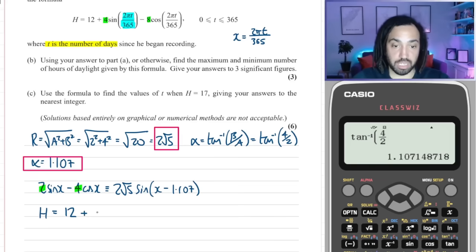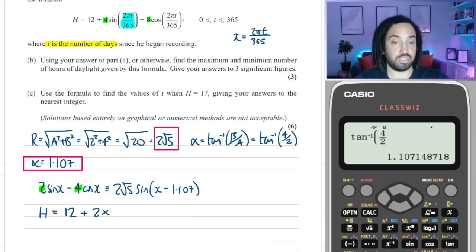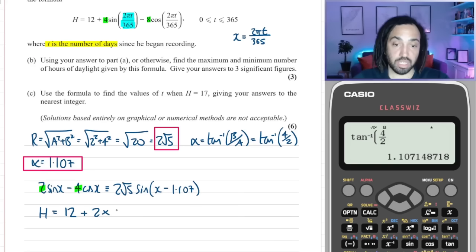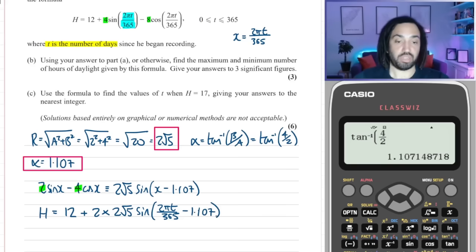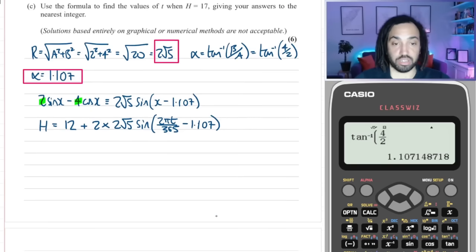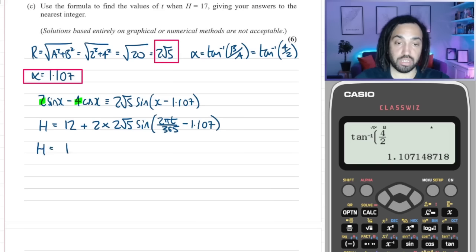So this is going to be plus 2 times the harmonic form which we worked out, which was 2 root 5 sine of x, but x is swapped out for 2 pi t over 365 minus 1.107. Okay, great. So that is our new formula for h. And we're going to say this is 4 root 5, because I just times the 2 by the 2, just to tidy it up.